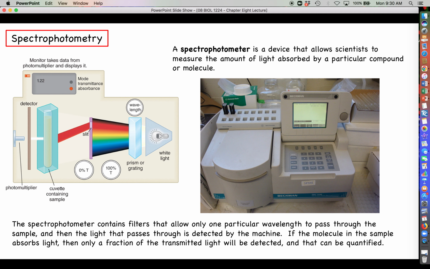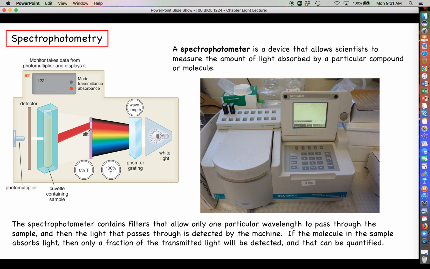So the light passes through the sample, and then there is a detector on the other side that takes in the light and measures what percentage of the light that came in through the cuvette actually makes it through to the other side. So if the molecule in the sample does absorb light, then only a fraction or a percentage of that transmitted light will be detected, and that amount of light absorption is something that can be quantified.